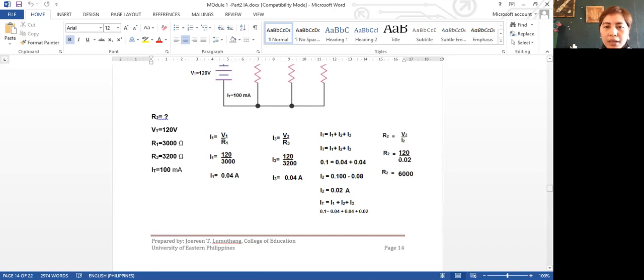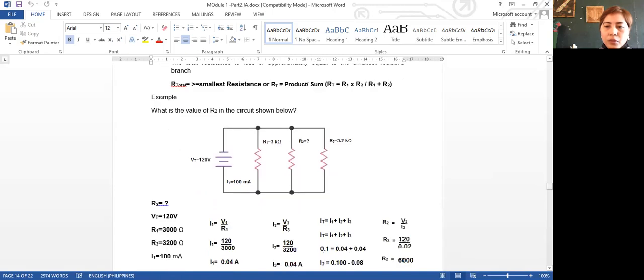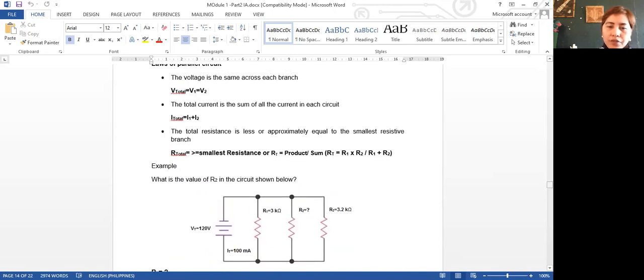Okay, now going back. Take note, class, that for the parallel, for you to be able to check if your answer is correct, make sure that the total resistance is less than or approximately equal to the smallest resistive branch.